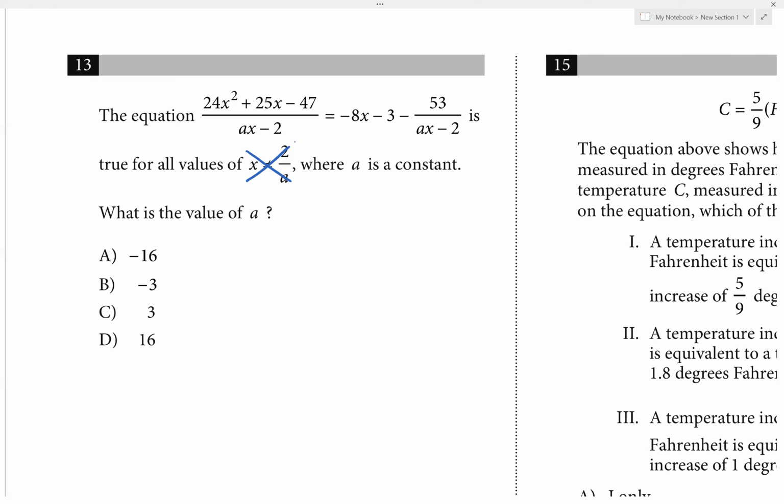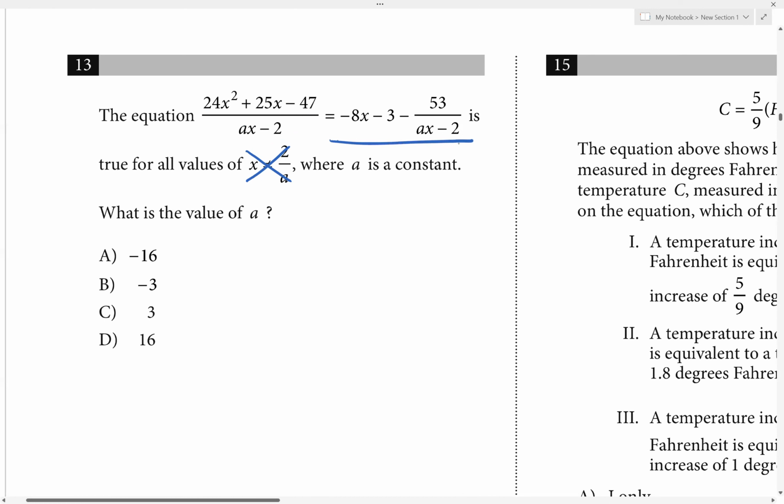Okay, so to solve this question, the best way to look at it is that we won't be able to factor and simplify here. If we take the top and divide it by ax − 2, the quotient that we get is that.